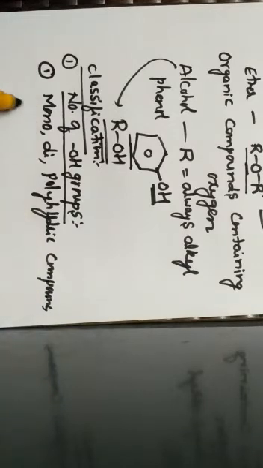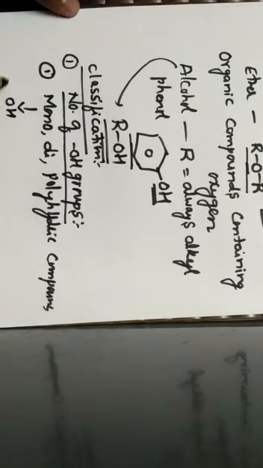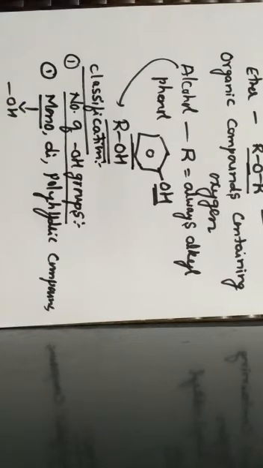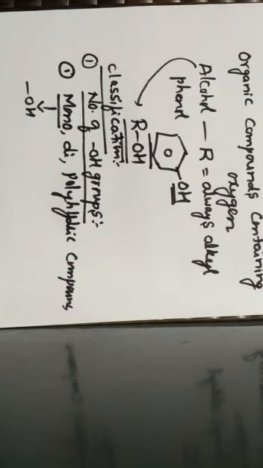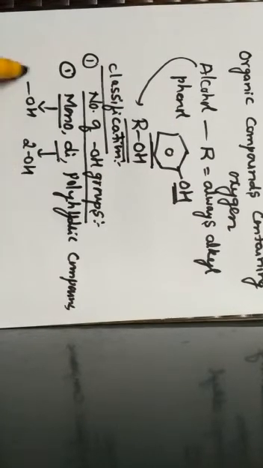If one OH group is present, it is called a monohydric alcohol or monohydric phenol. If two OH groups are present, it is called dihydric alcohol or dihydric phenol.